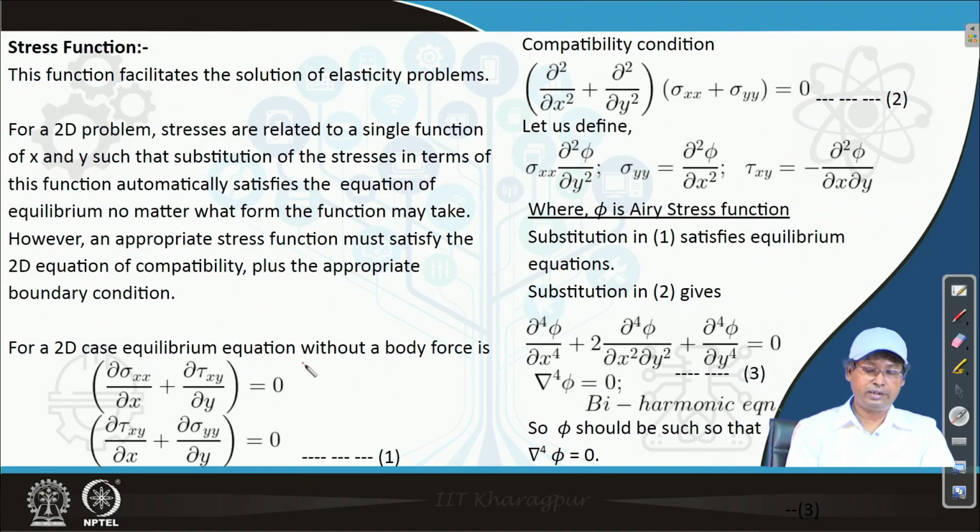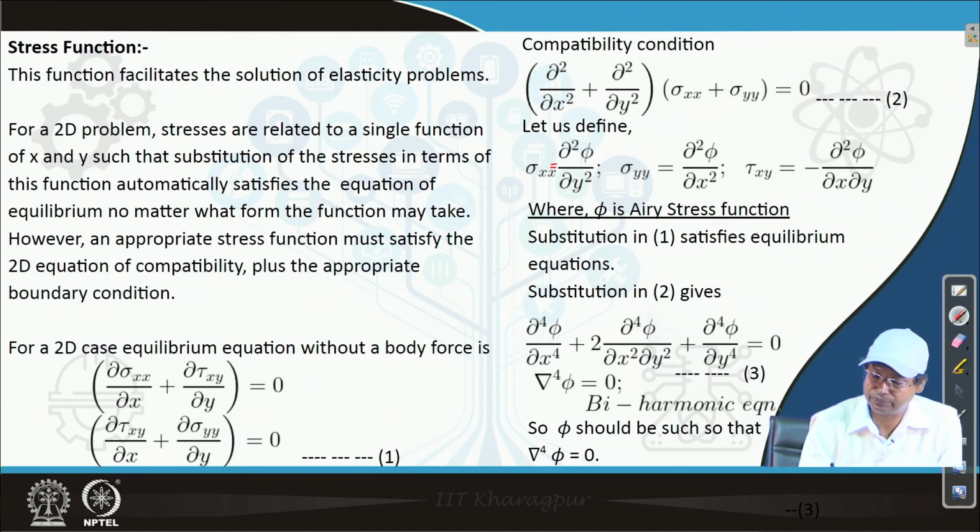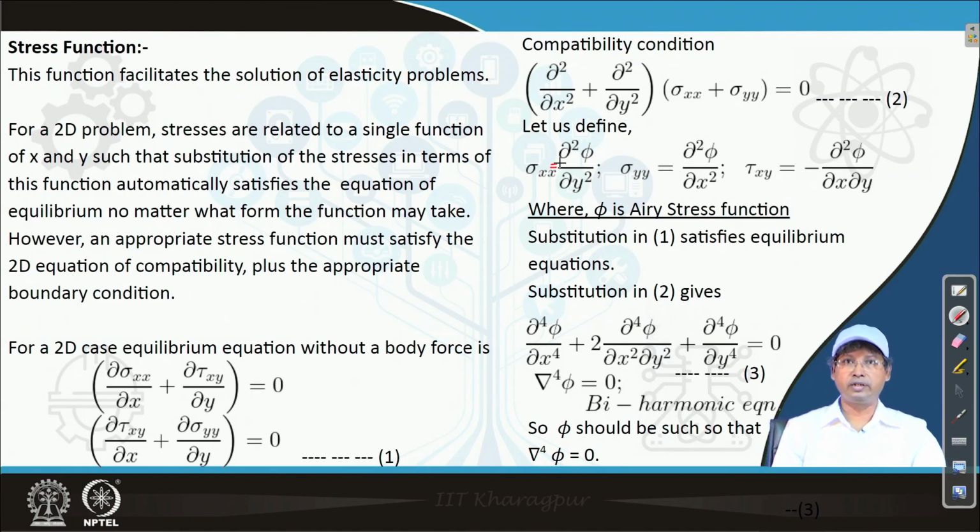Considering that, we can go forward. The function is denoted by phi, and we define it in such a way that sigma x, here again a small typographical mistake, is sigma x x equals del 2 phi by del y square, sigma y y or sigma y equals del 2 phi by del x square, and tau x y equals minus del 2 phi by del x del y.